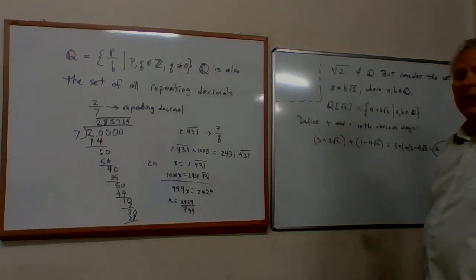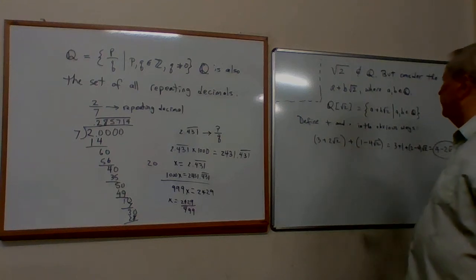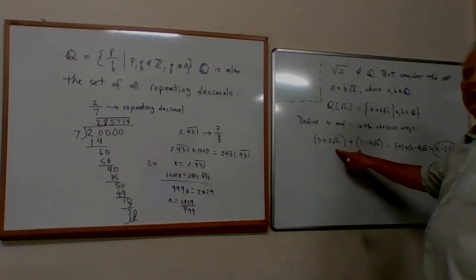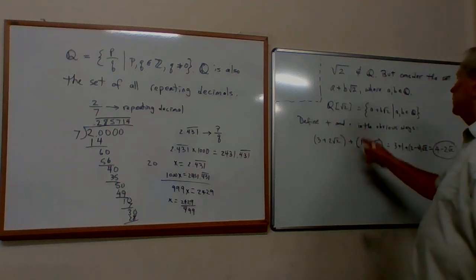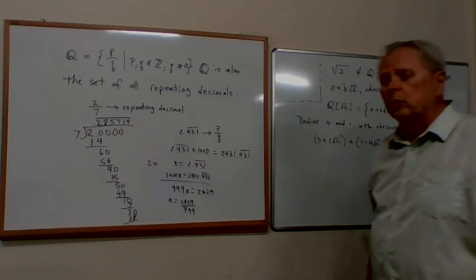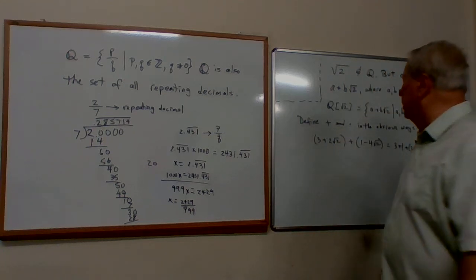So the punchline is, it doesn't matter what rational numbers I put in here as the coefficients. When I add two of these little monsters together, I'm going to get another one of these little monsters, which means that this set is closed under addition. It's also closed under multiplication.